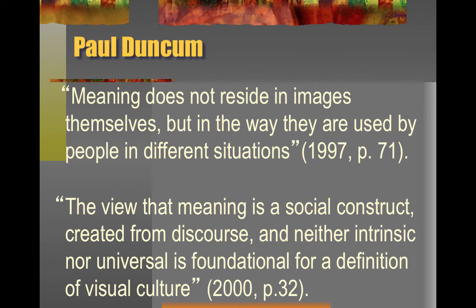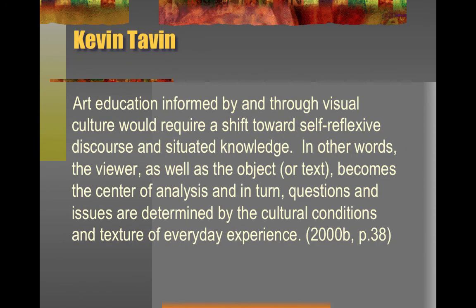He also says the view that meaning is a social construction created from discourse and neither intrinsic nor universal is foundational for a definition of visual culture. So he's definitely taking a postmodern constructivist view. Kevin Tavin: art education informed by and through visual culture would require a shift toward self-reflective discourse and situated knowledge.